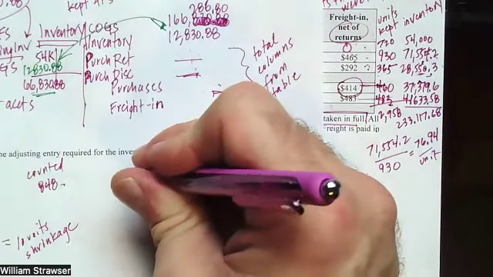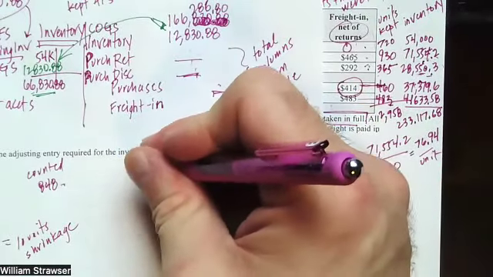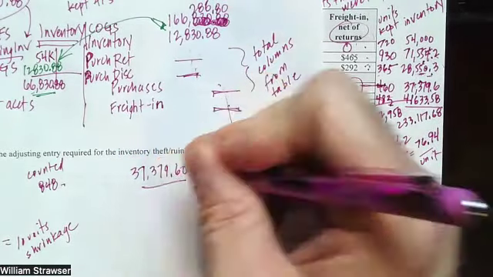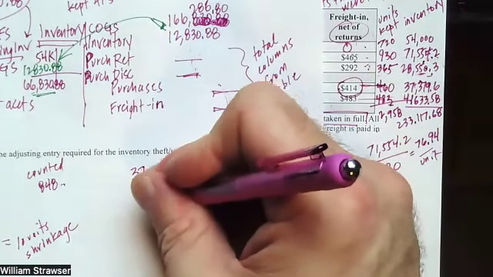So that's the price point I would use, 37,379.60 divided by the units I kept, 460.